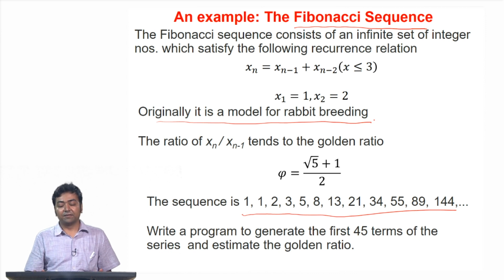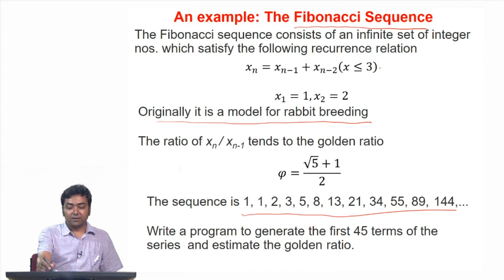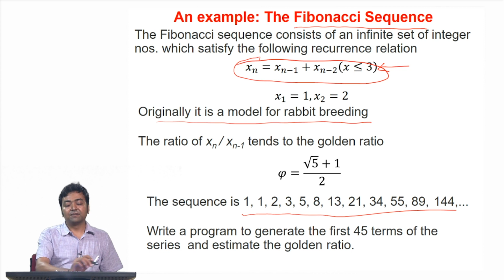It is an infinitely large series, and the way the series is generated is using this recurrence relation. What this recurrence relation tells us is that to get the nth number in this series, we need to know the (n minus 1)th number and the (n minus 2)th number in the series. If we add them, we get the nth number.